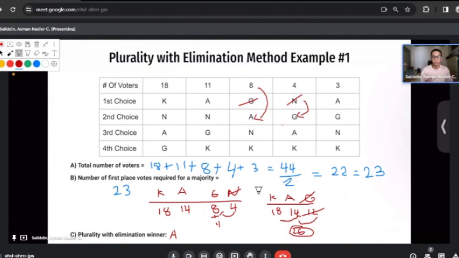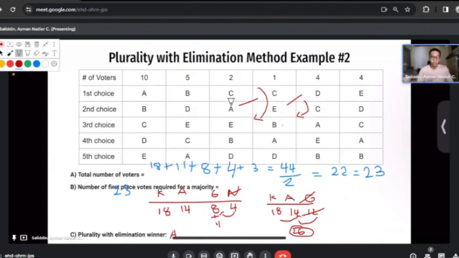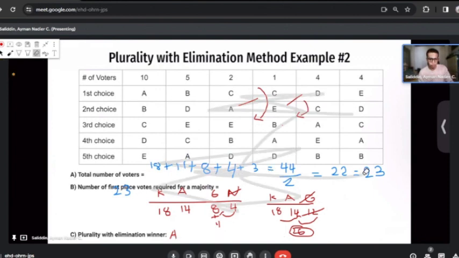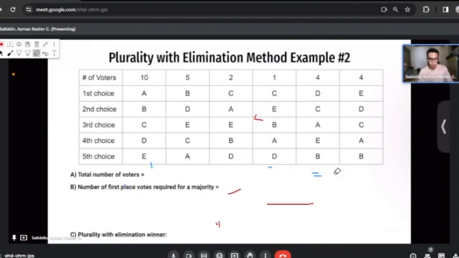That is the difference between plurality and plurality with elimination. Let's go ahead and give you guys another example. All right. So here in this schedule that we have, let's first add up the total number of voters.